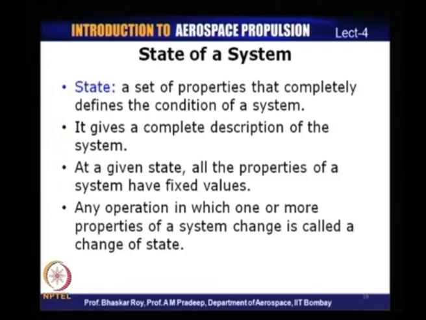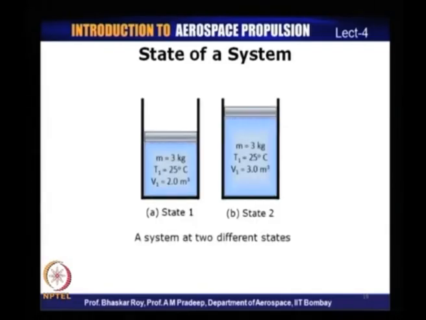Now, if one or more of these properties change, then this operation is known as change of state. So, any operation which involves change of one or more properties of a system is referred to as change of state of the system. And let us look at an example which will help us in understanding this.